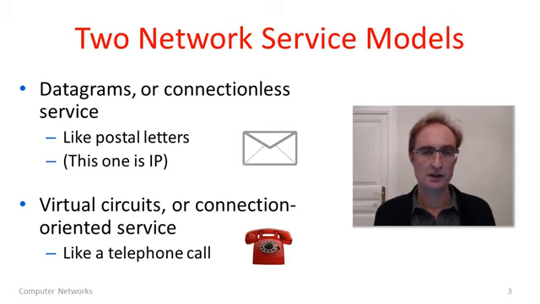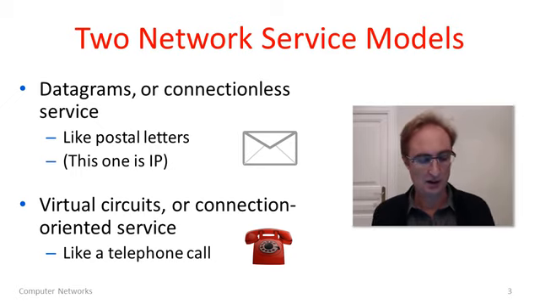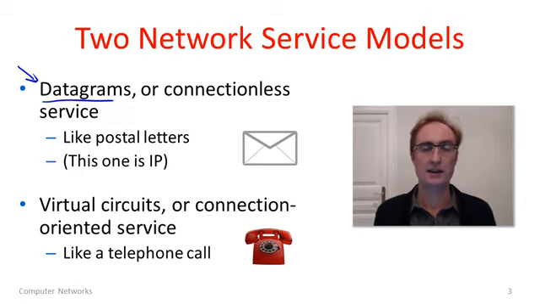So it turns out that there are actually two quite different kinds of service models that the network provides to the transport layer, both of which have been talked about a lot and experimented with in practice. One kind of model is what's called the datagram model, datagrams or connectionless service. The analogy here is the post office.